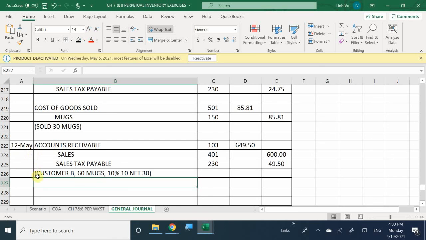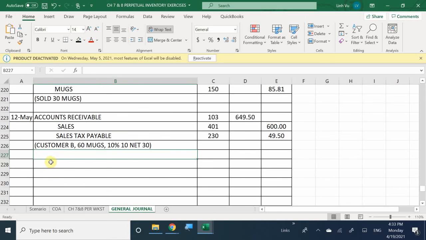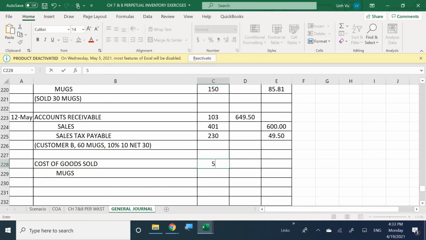And then it would be cost of goods sold. Cost of goods sold. Good. So we need to recognize that we sold to cost of goods sold. And we're going to take that right out from our inventory. I think 501 and 550.